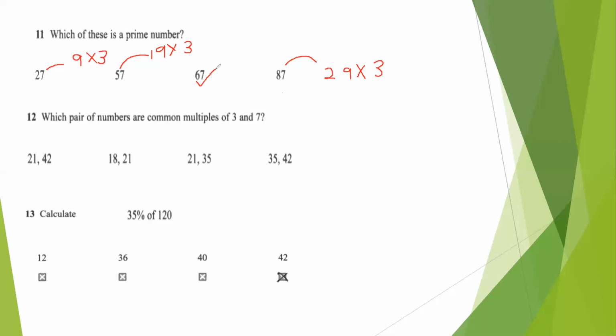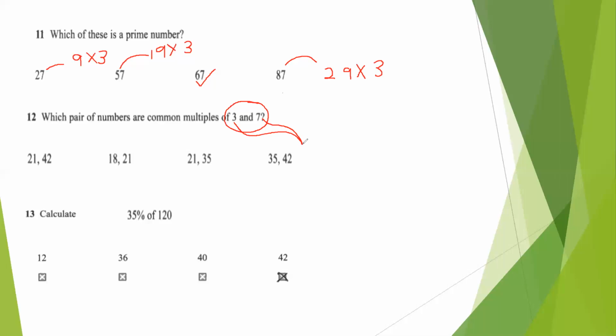Let's do the 12th question. Which pair of numbers are common multiples of 3 and 7? In other words, when you consider a number, that number should be in the 3 times table. And when you consider the same number, that number should be in the 7 times table. That is why we say common multiples, right?